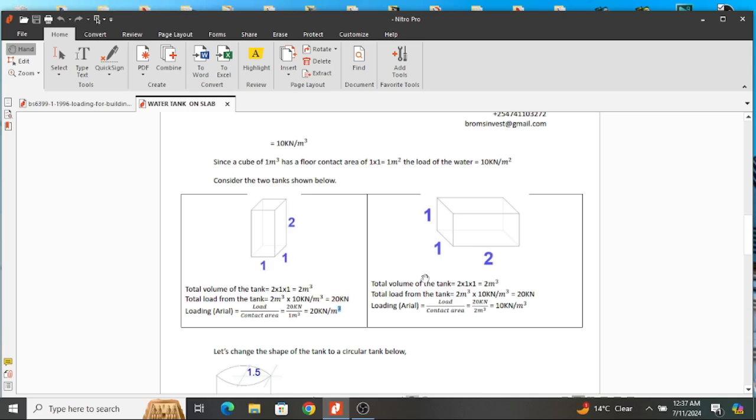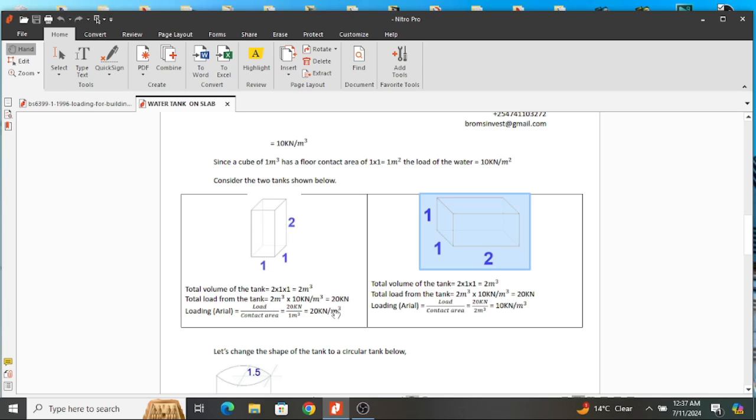For the second tank, you take the load and divide by the contact area. The load is 20 kilonewtons. The contact area is 2 square meters. So 20 divided by 2 square meters is supposed to give you 10 kilonewtons per square meter, not cubic meter. So the second tank gives us 10 kilonewtons per square meter. The first tank gives us 20 kilonewtons per square meter.